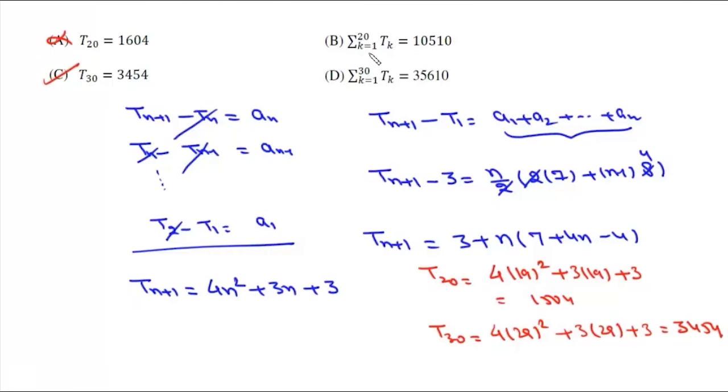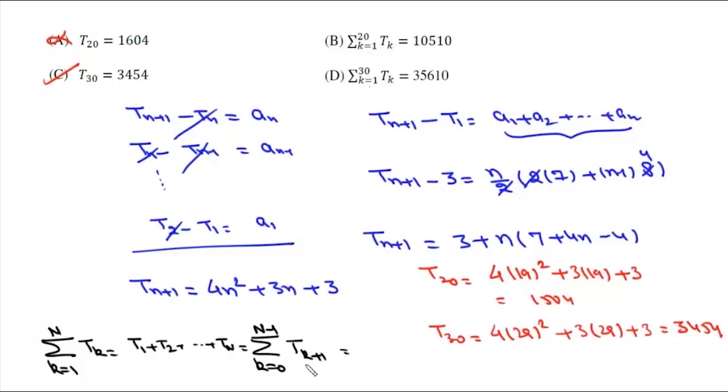Now we have to find this summation, K varies from 1 to 20 and 1 to 30. So we have to simplify this summation, K varies from 1 to, suppose, capital N, Tk, which is T1 plus T2 plus up to Tn. Now we can also write this as summation K varies from 0 to n minus 1 of T K plus 1, because again it will be T1 plus T2 up to Tn.